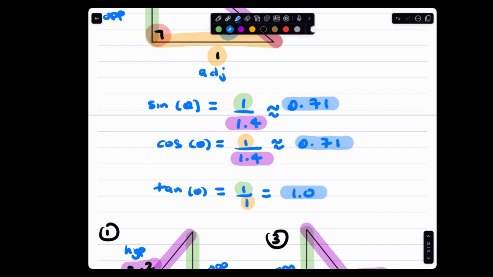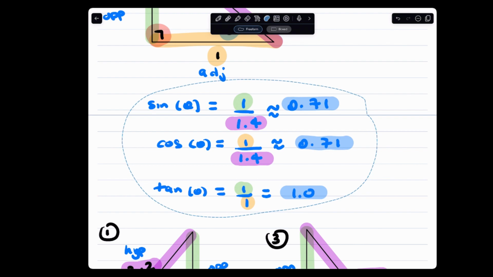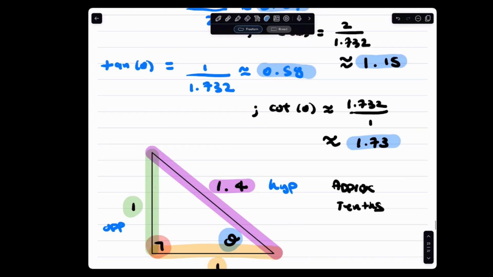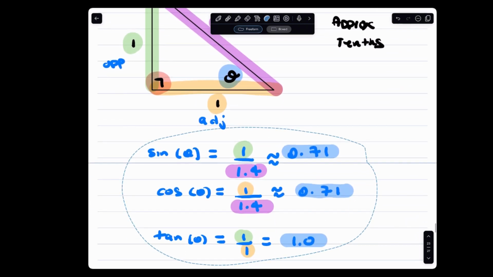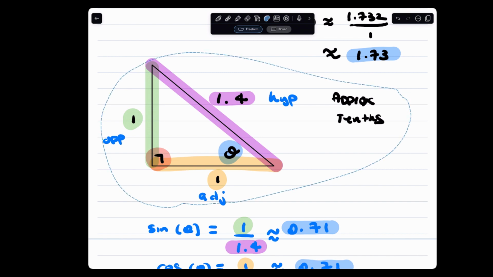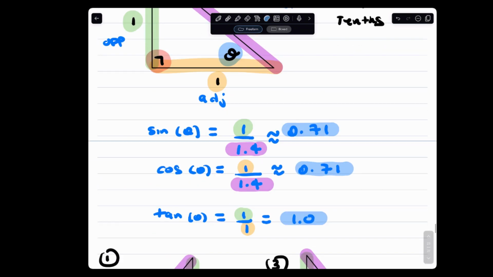Let's try this one here. I think we need more space. How about if I do this? Approximate this to the tenths. And bring that down.